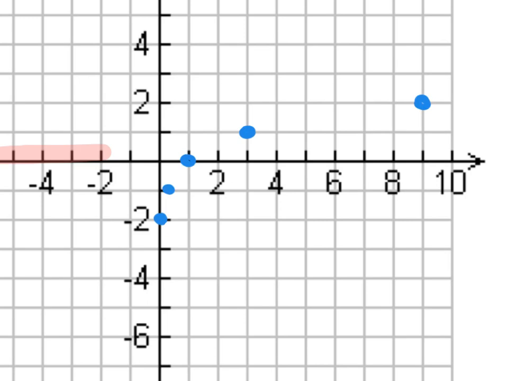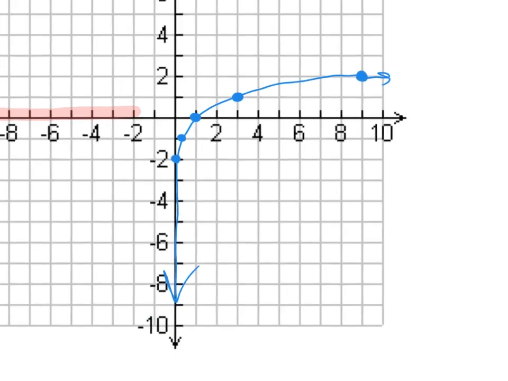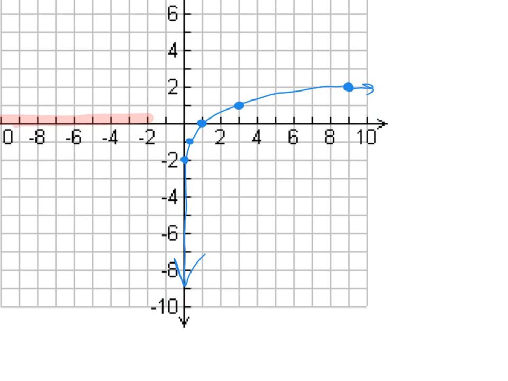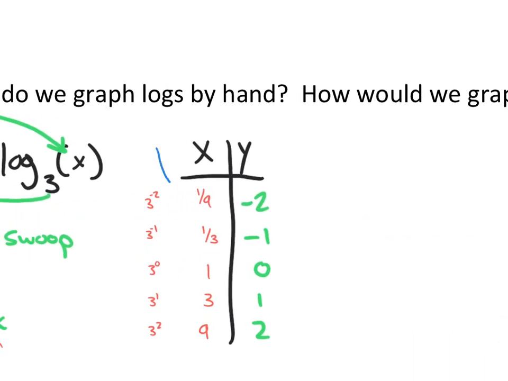Now remember here that it does have an asymptote, and you can kind of see how these points are going to develop one, because they'll come in and curve down and get right here on this y-axis. And that's an asymptote. It'll never actually reach that 0, right? Because if you think about extending this table, this next value here would be 1/27, then 1/81.